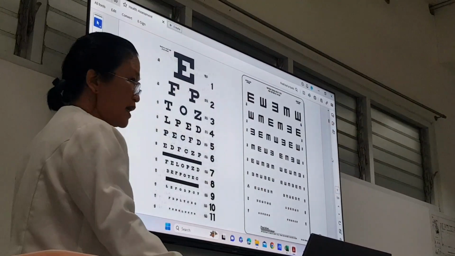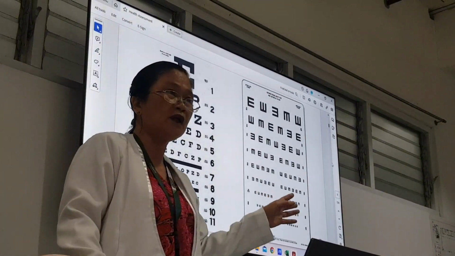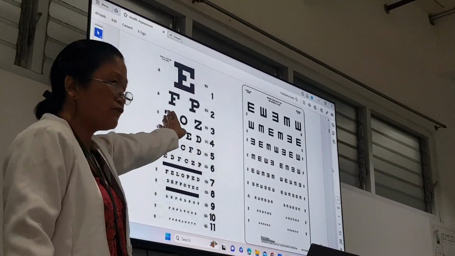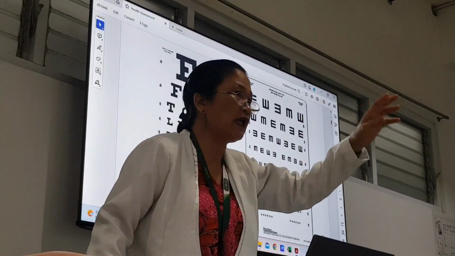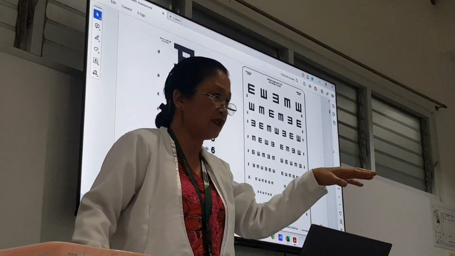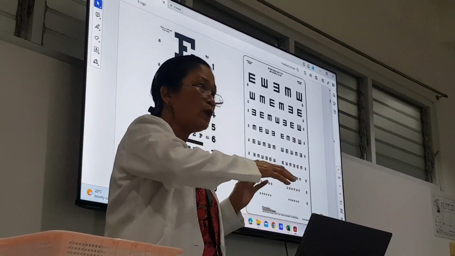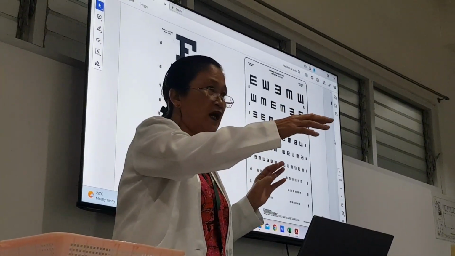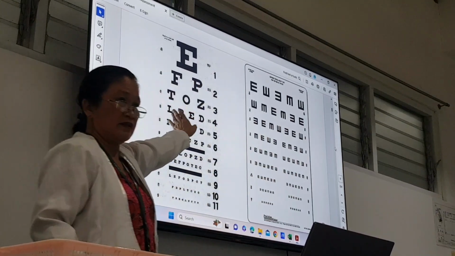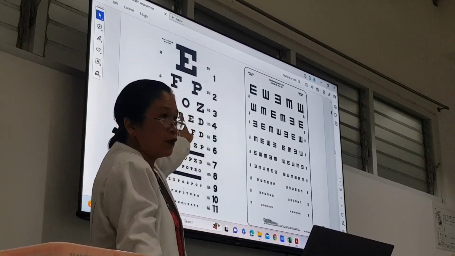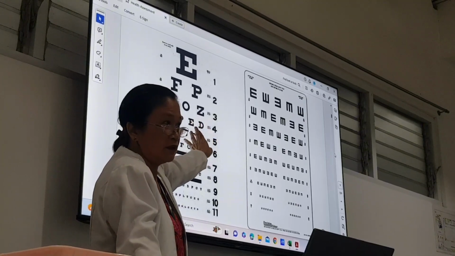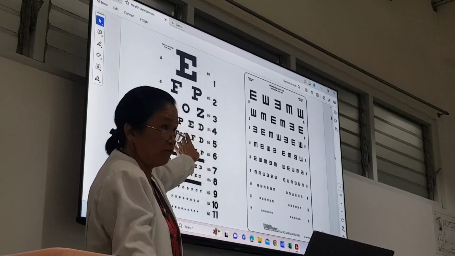Miss Hakla. So, when you are going to evaluate the visual acuity of your patient, for example, Mr. Gabriel is the client. How many feet away from the Snellen chart so that you can evaluate the visual acuity of your patient? It's 20 feet.